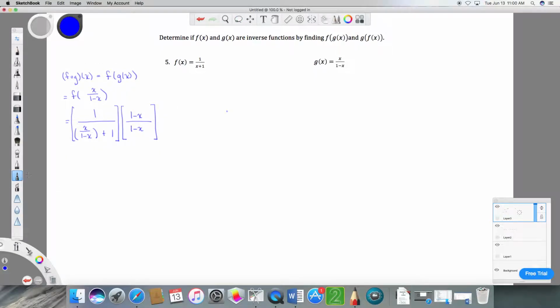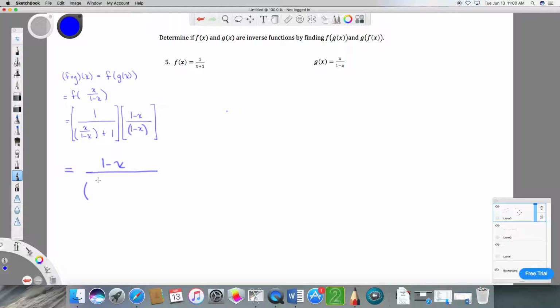So here we just have to be careful with this multiplication. In the numerator, 1 times 1 minus x, we're just going to get 1 minus x. But this 1 minus x in the denominator, I have to distribute it to both of these terms. So let's write this out. Let's not go too quickly and cancel things out until we see what's being multiplied.